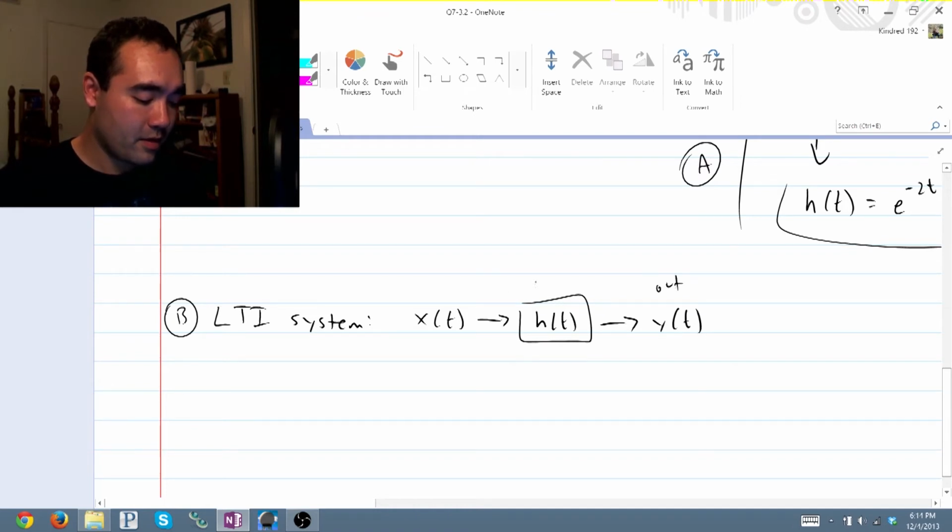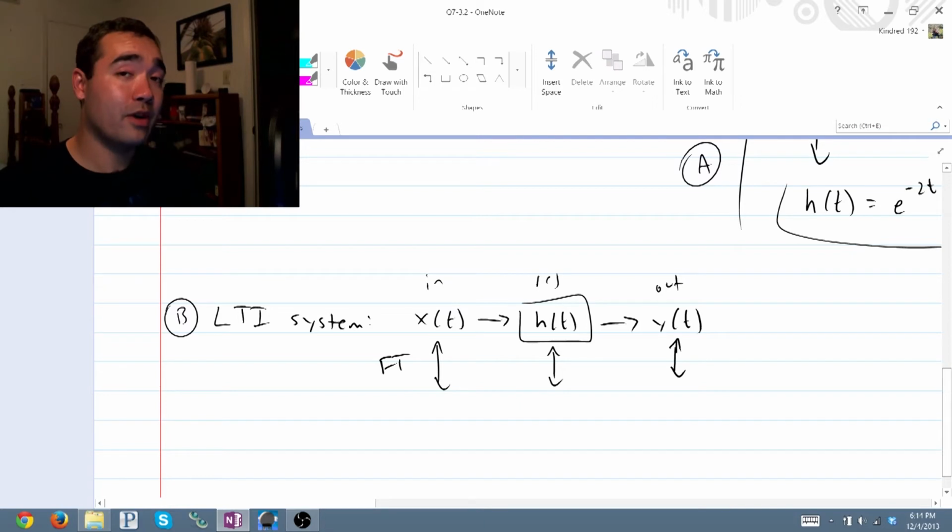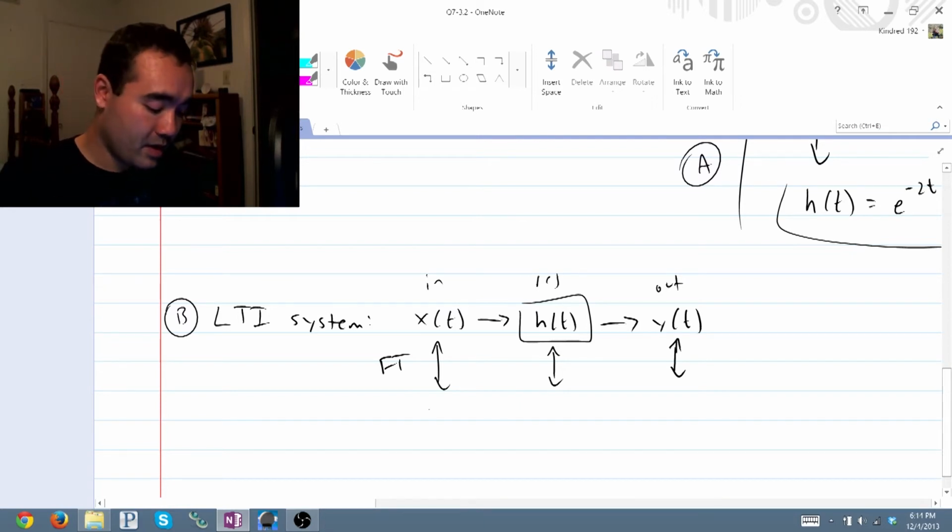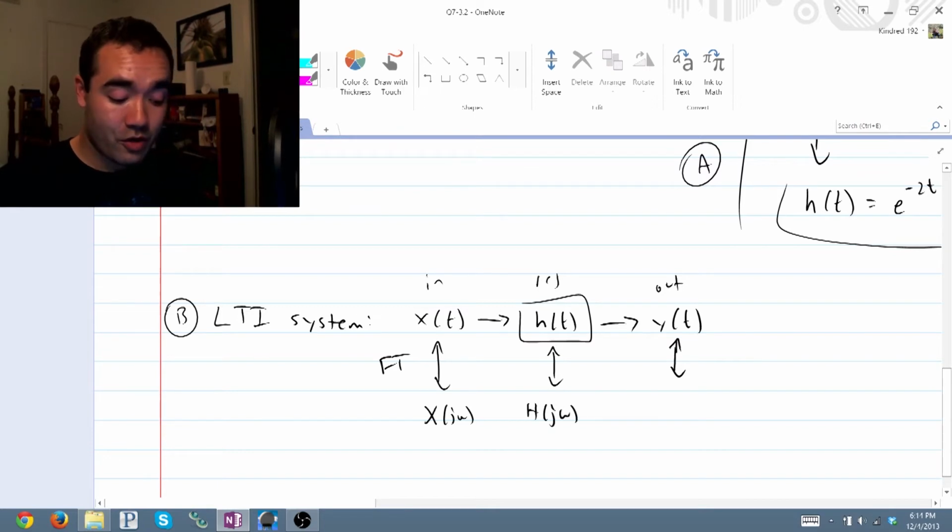So this is in, response, out. And if we do Fourier transformations, and I'm writing a double arrow because Fourier transformations can go either way, you get x of j omega, h of j omega, and y of j omega.